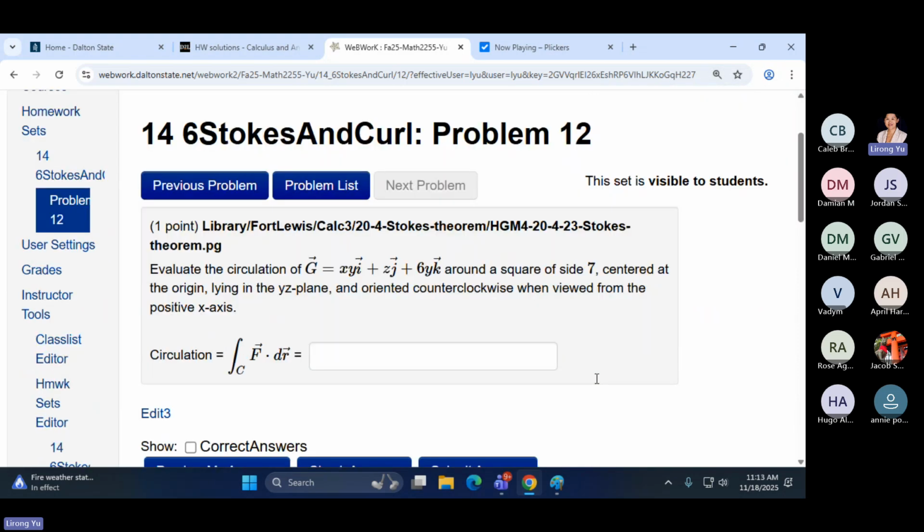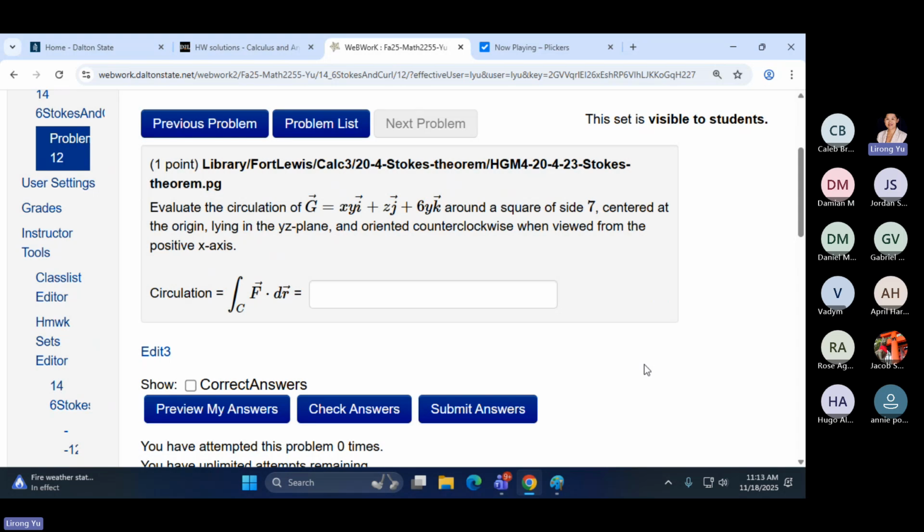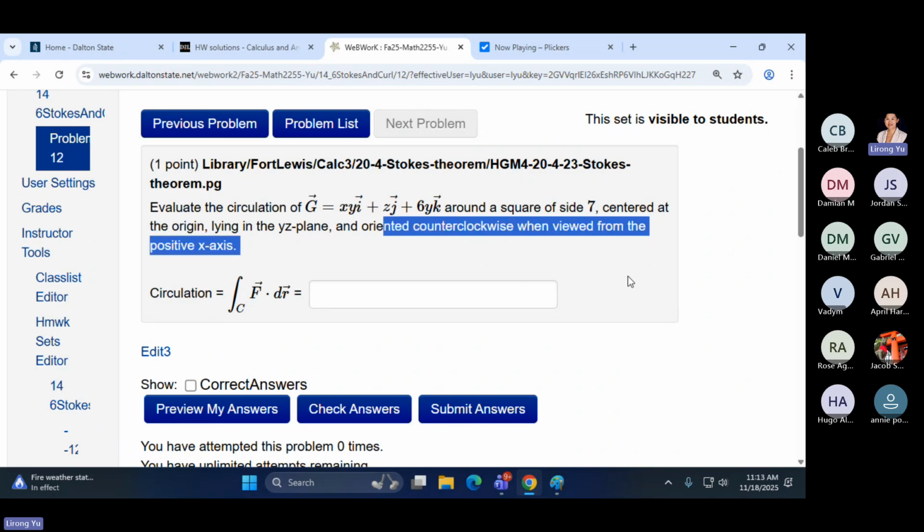It was a question of using the theorem to calculate the circulation along the square of side 7, centered at the origin, lying in a plane, oriented counterclockwise when viewed from the positive axis. The wording is kind of interesting. It explains whether the rotation is counterclockwise or clockwise.